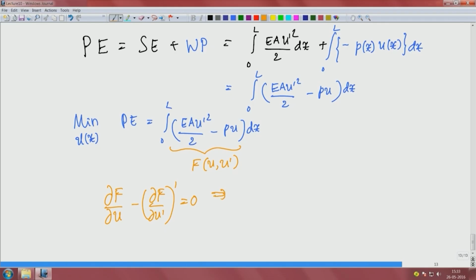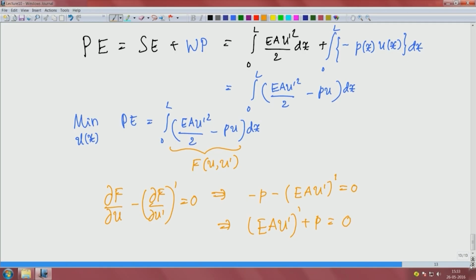That gives us dou f by dou u is minus p, because we have this p u, and then minus d by dx of dou f by dou u prime, which gives E A u prime. The 2 and the square will cancel, so E A u prime prime equal to 0. In other words, what we got is E A u prime prime plus p is equal to 0. That is the governing equation we get.